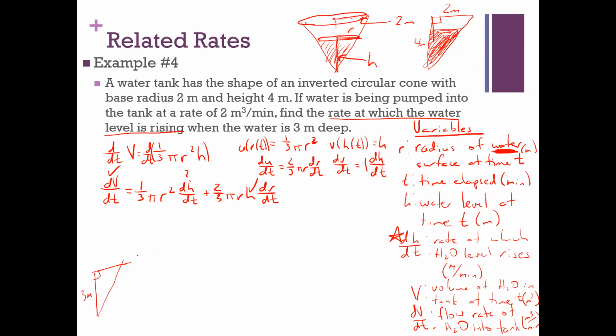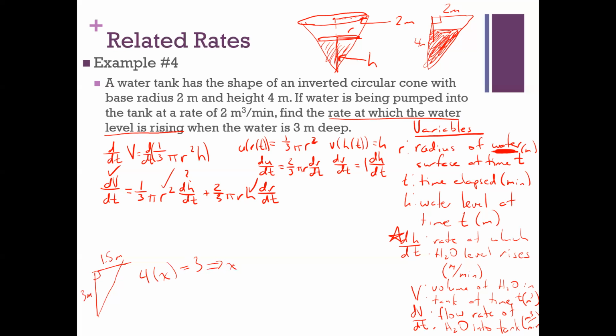What's that radius? 1.5? Right, I agree with that. Let's unpack that. How do we get 1.5 meters there? Since I know these triangles are similar, I know that 4 times some scaling factor is 3.